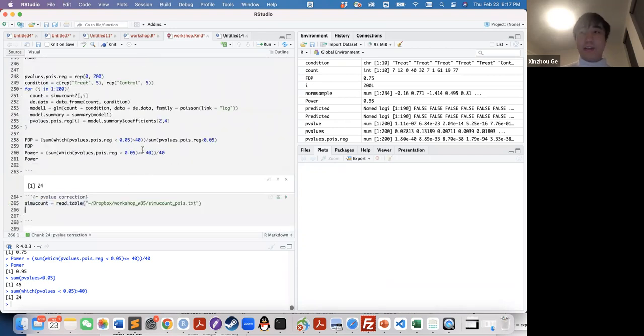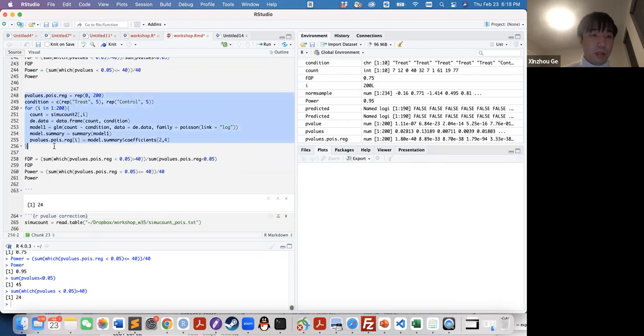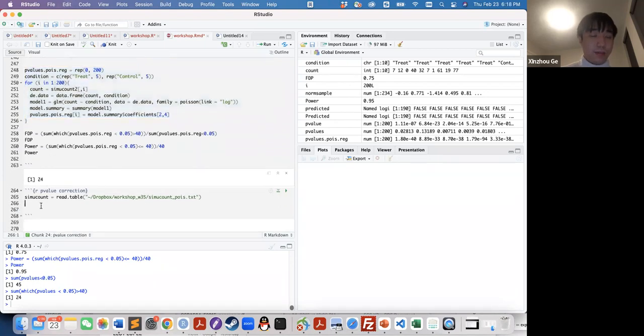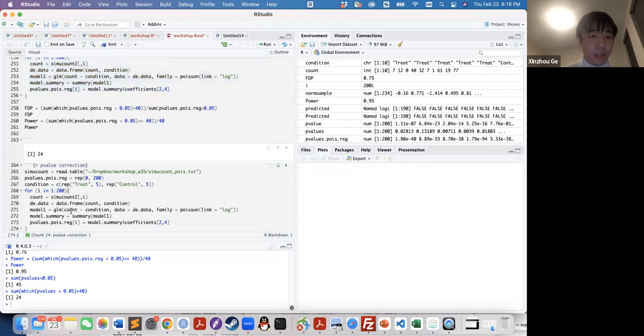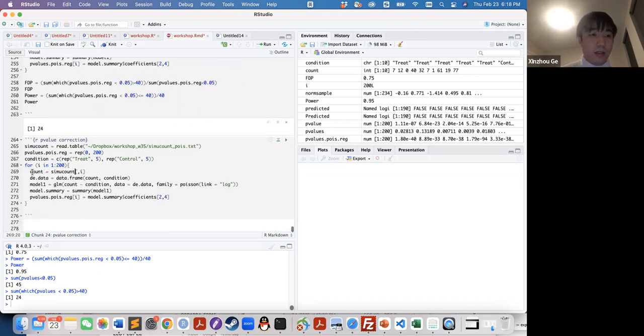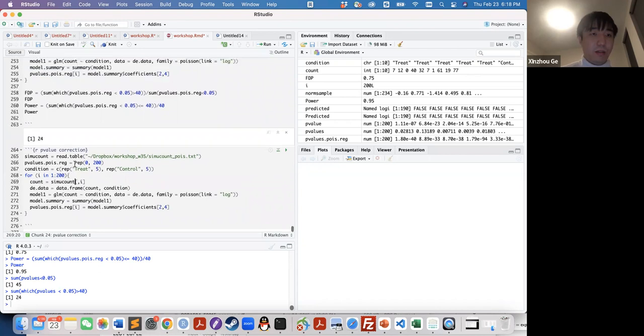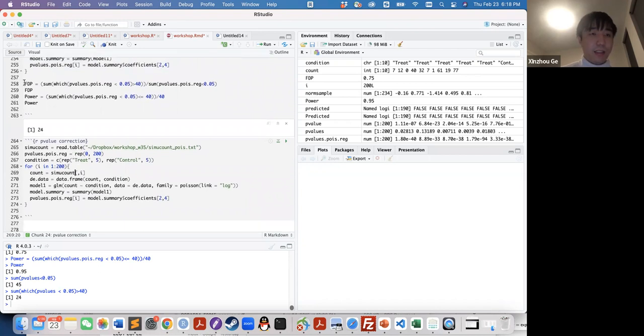We would like to calculate the p-values for each of the genes using the Poisson distribution. So let's just copy this and change the dataset from simul count 2 to simul count, get the p-value vector, and we can calculate the FDP in this case.